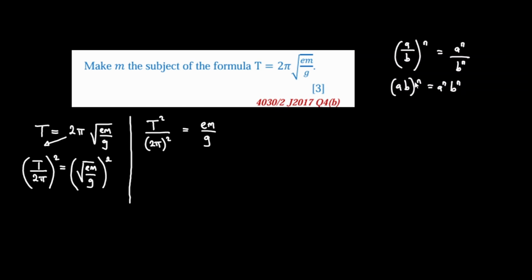Kureva kuti power inoshandiswa for both a na b. Saka panapa inenge yaT squared over 2 pi squared. Tinotanga tati 2 squared ndiyani ndi 4, ko pi squared ndiyani ndi pi squared. So T squared over 4 pi squared is equal to m over g.